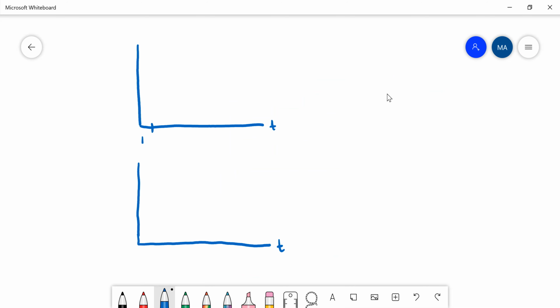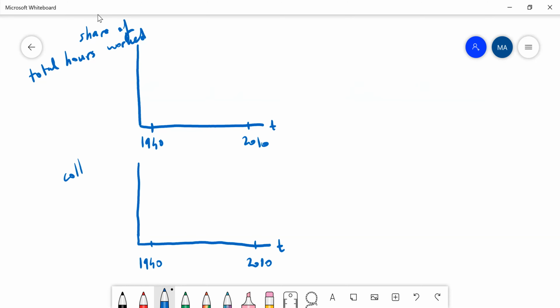So this data starts at around the 40s and ends at around 2010, okay? In the first graph, here I have the share of total hours worked, okay? And here we have the college premium.